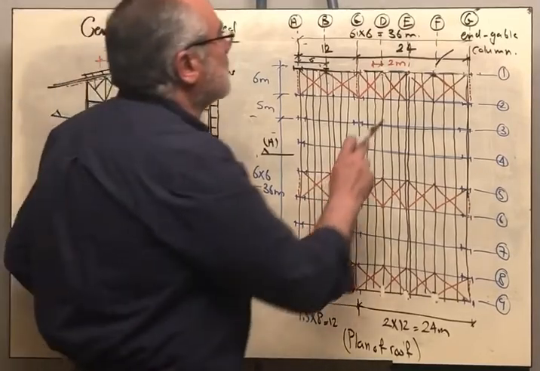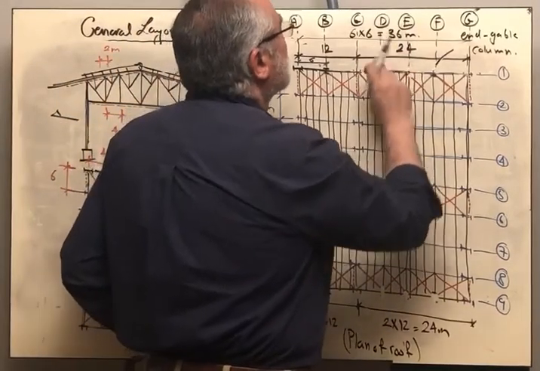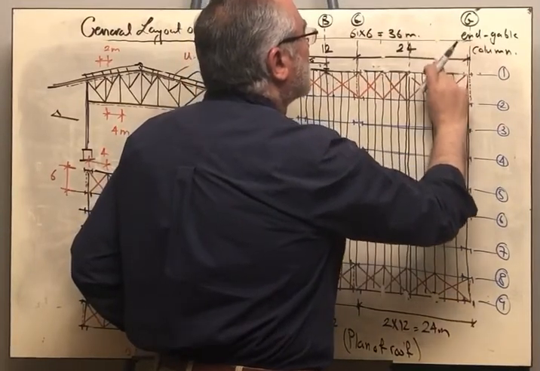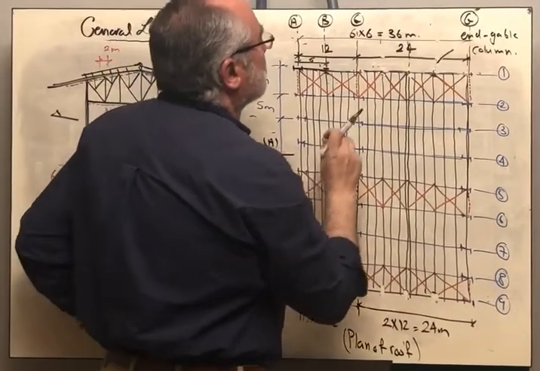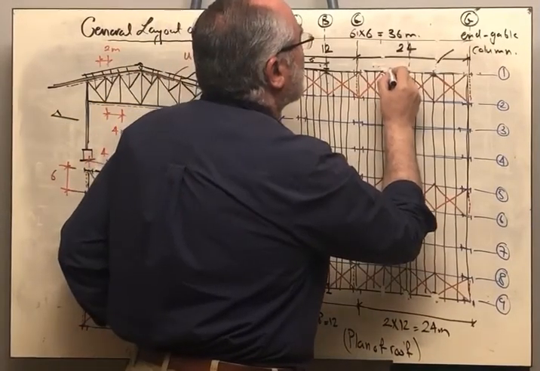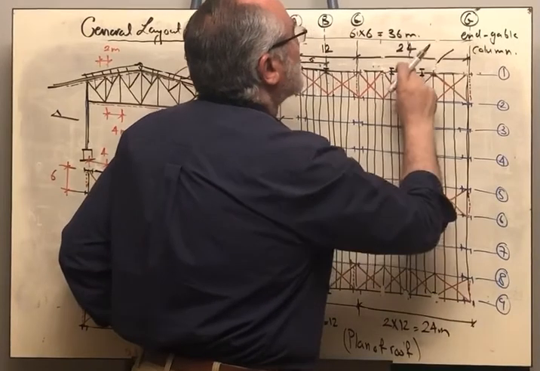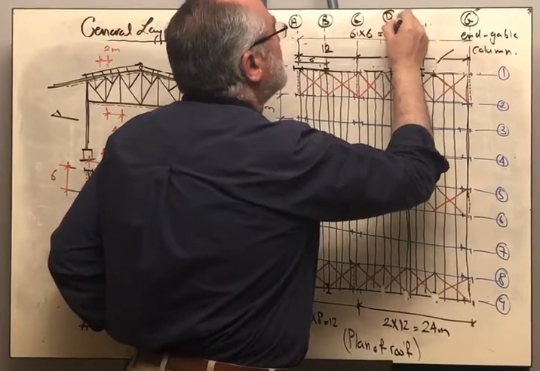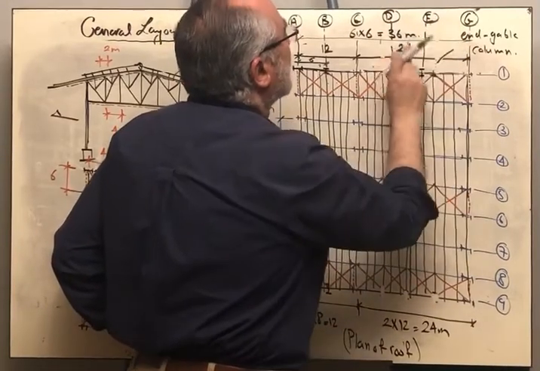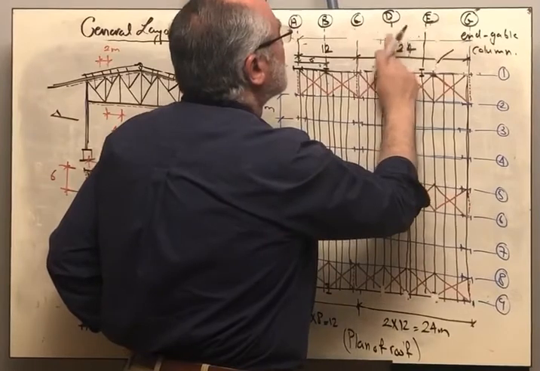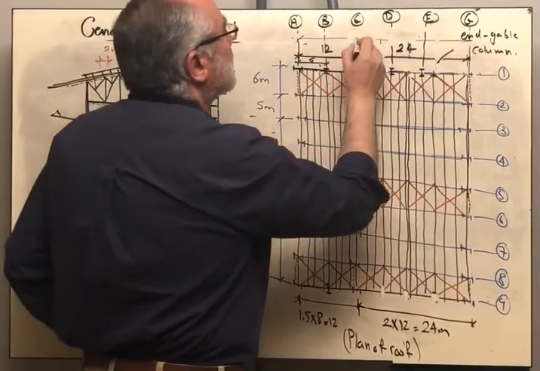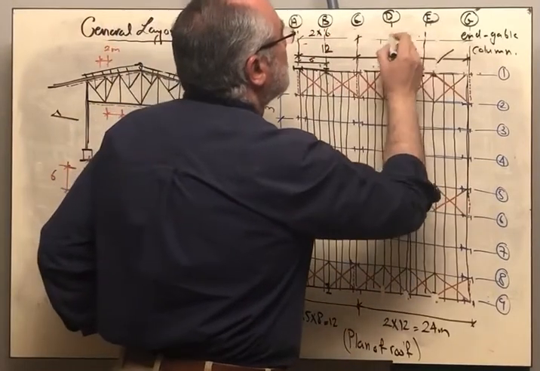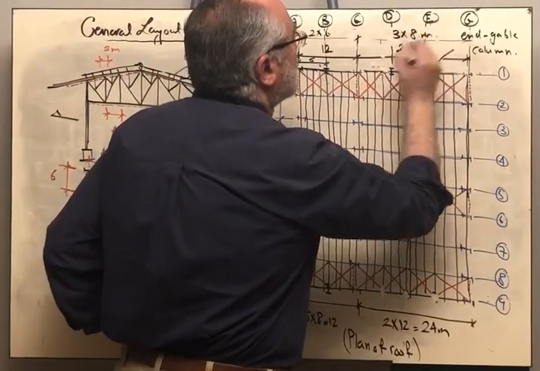So we can have here the location. Let me remove this. And we will have an end gable column here and end gable column there. So this will be D and this is E. And the spacing here, this will be 2 by 6 and this will be 3 by 8 meters.